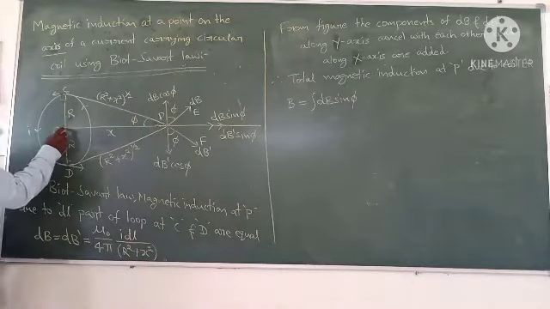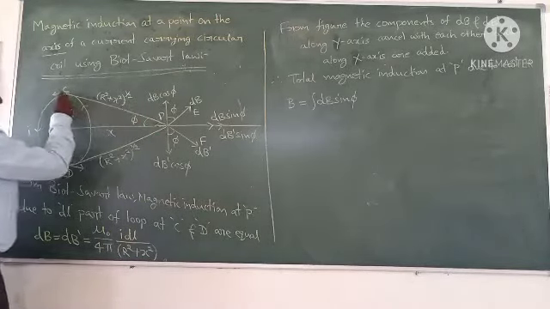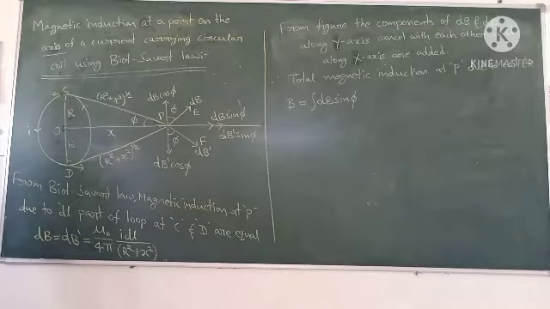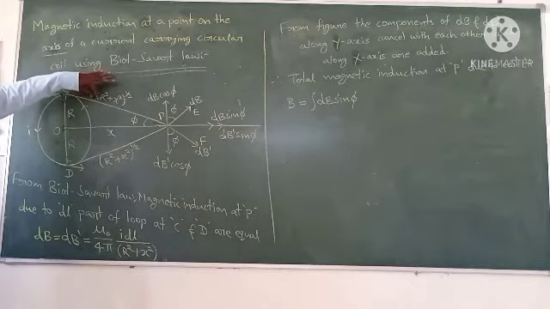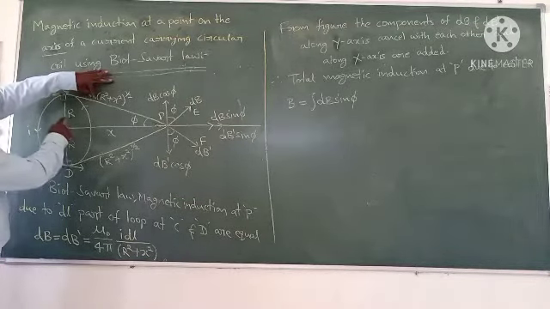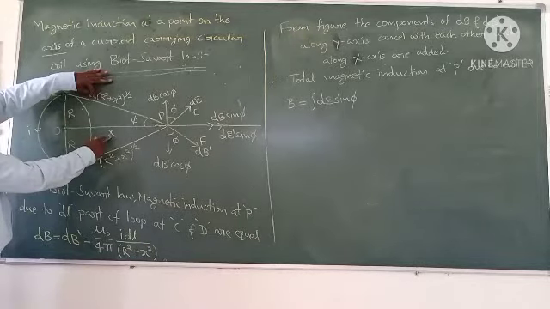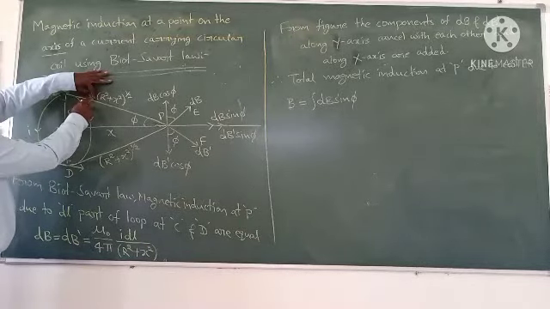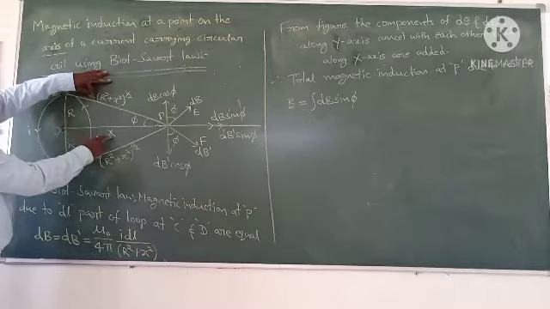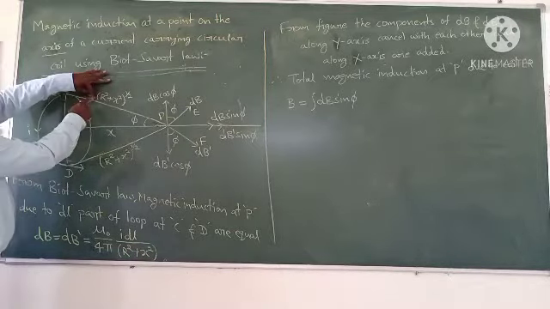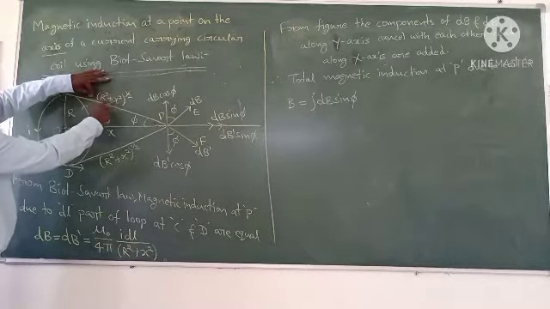From the triangle OPC, according to Pythagoras, the square of the hypotenuse equals the sum of the squares of the sides. That means the square of this hypotenuse equals r square plus x square. Then the hypotenuse equals root of r square plus x square.